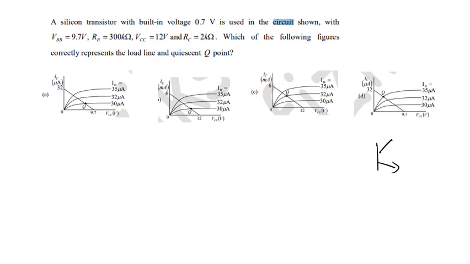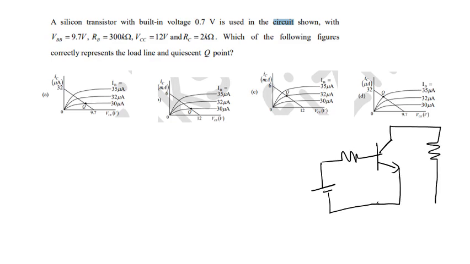Here we have a resistance and a potential, and here the RC value and then another potential. RC is 2 kilo ohm, VCC is 12 volt, VBB is 9.7 volt, and RB is 300 kilo ohm. This is a silicon transistor, so we can assume VBE equal to 0.7 volt.